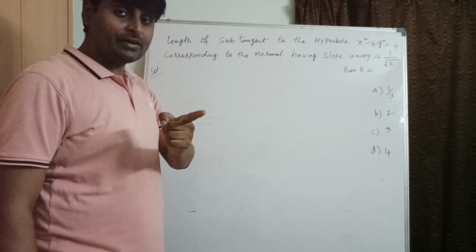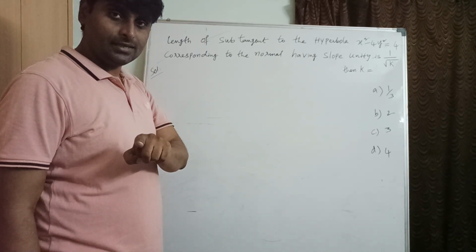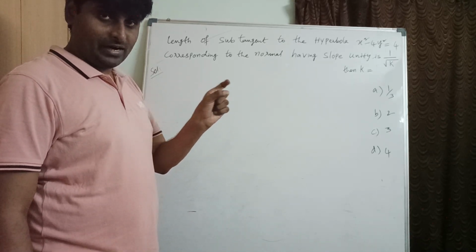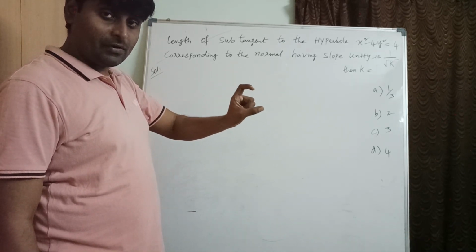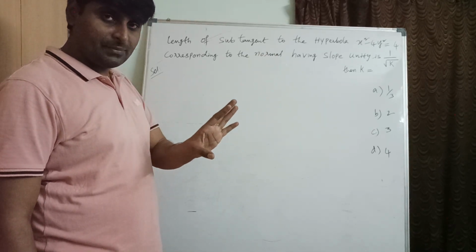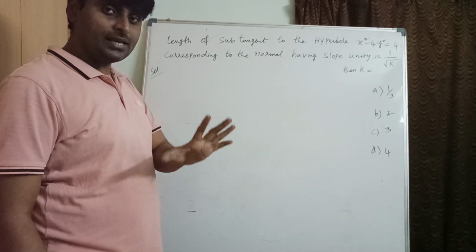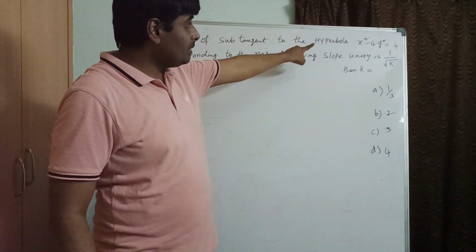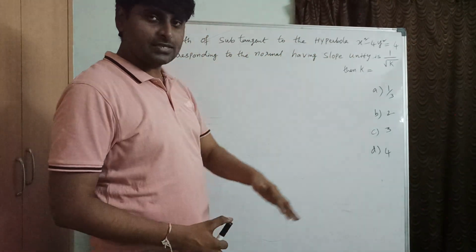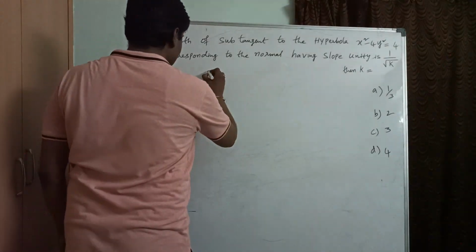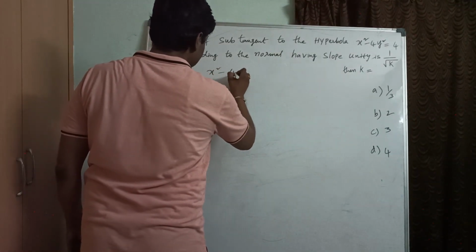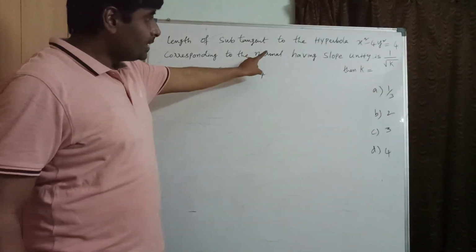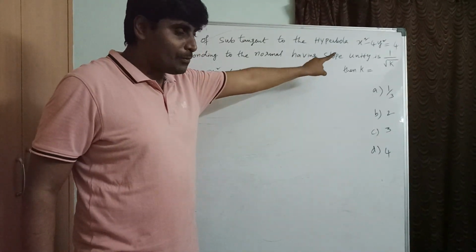First of all, what is the formula for length of subtangent? Modulus of y1 into m. Y means the y coordinate: if you take the point generally as x1, y1, it is modulus of y1 into m. The given curve is x square minus 4y square equals 4, corresponding to the normal having slope unity.